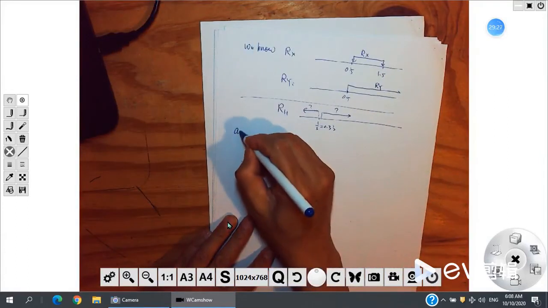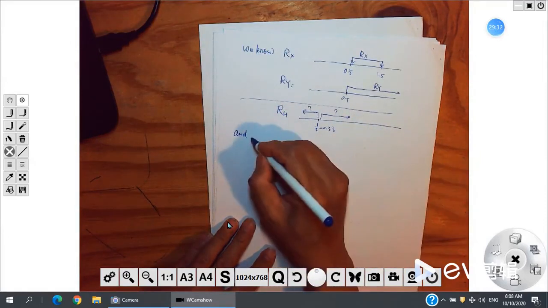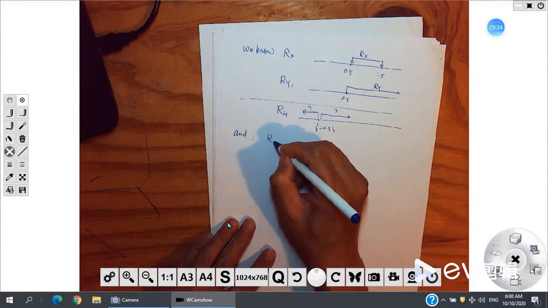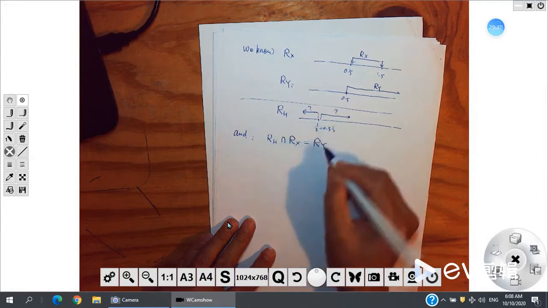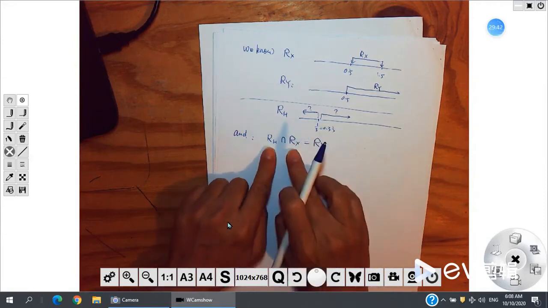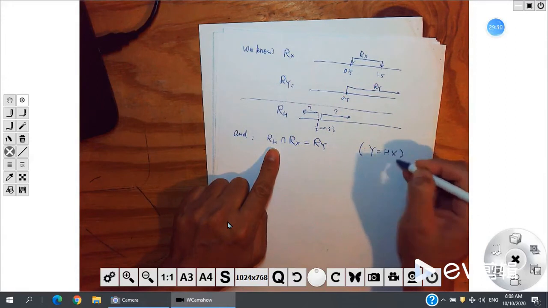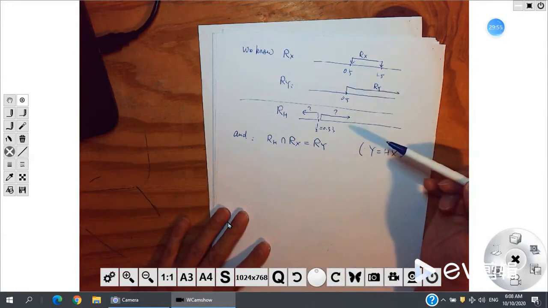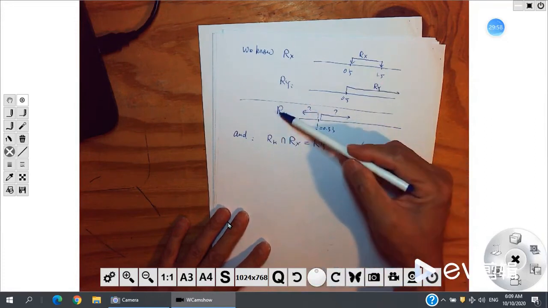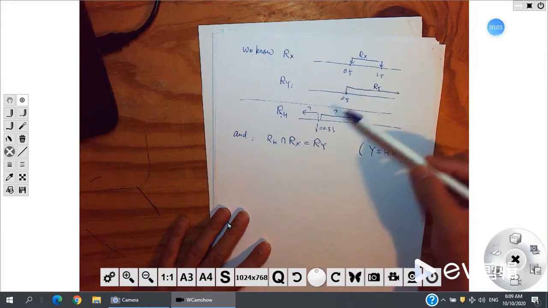And we also know these three factors, and we also know that the intersection of RH with Rx is equal to Ry. Ry is obtained by the intersection of H and X. Actually, we know Y equals H times X. So we have this one. Then you see which one will work. RH is here. You need an intersection of these two, and which will be this. Okay, so you have to use this one.